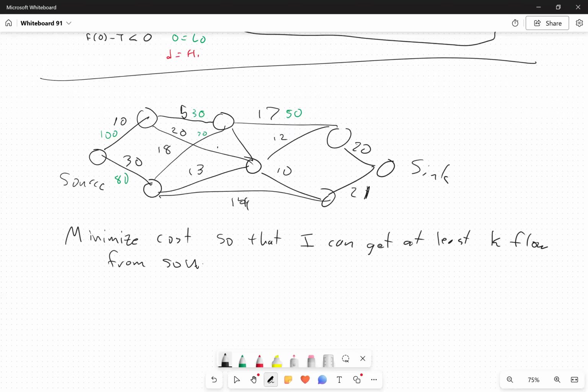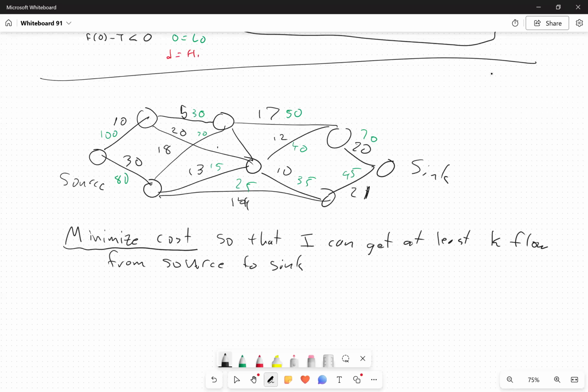That's not important right now. Just know that each of these edges has some value. It has some cost to it. It has some different costs associated with each edge of the graph. And so what you want to do is figure out what's the minimal cost that I need. I need to minimize the cost so that I can at least get the K flow.